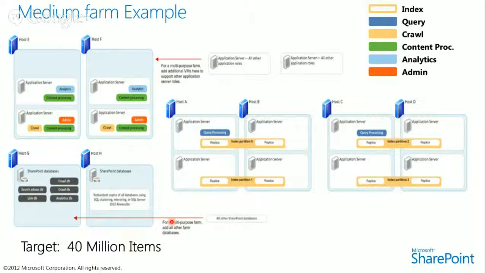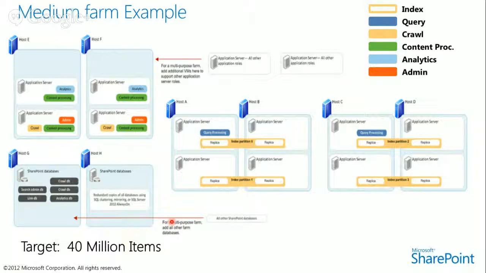Now another important thing that needs to be mentioned is, in case you are going with SQL Server 2012 Always On, it's better to have the search databases dedicated on their own SQL availability group. The key reason being that search databases have their own IO requirements, unlike your other service application databases. So you can have content databases with a different IO, databases which need to be part of your record center or document center with a different IO, and a service application DB separately, and search, which will require more importance.